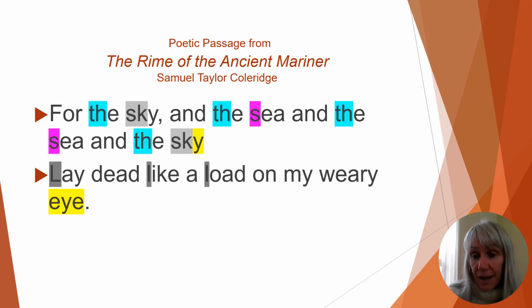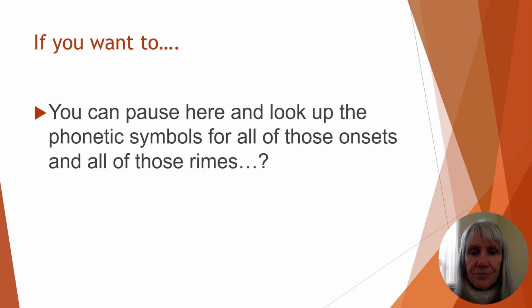So where you see the yellow is the repetition of rhyme in this piece of poetry. If you want to, you can pause the video here and look up the phonetic symbols for all of those onsets and all of those rhymes, so you have a good handle on phonetic notation and symbols.